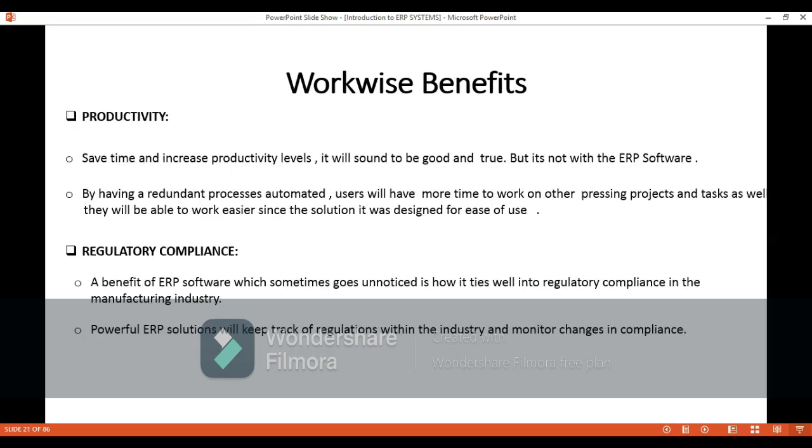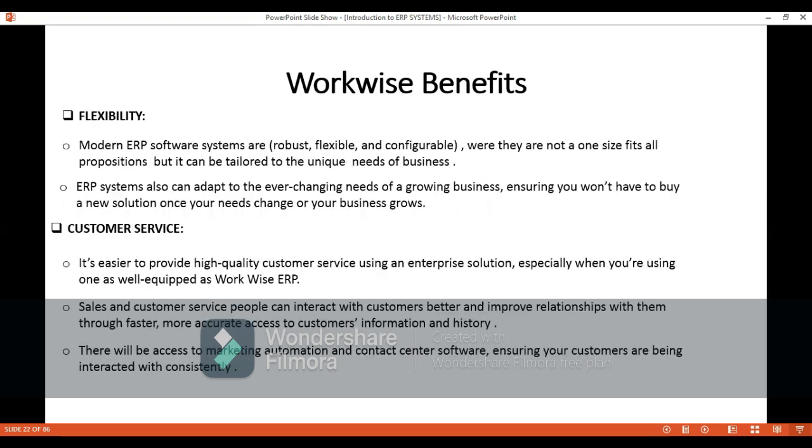Productivity, similarly, saves time. You will be able to produce large-scale items at a time that has been planned. Compliance: you'll be working as a standard organization, having an approved ERP system, and that gives confidence to your suppliers and your customers as well that you are implementing your operations in a more compliant way.